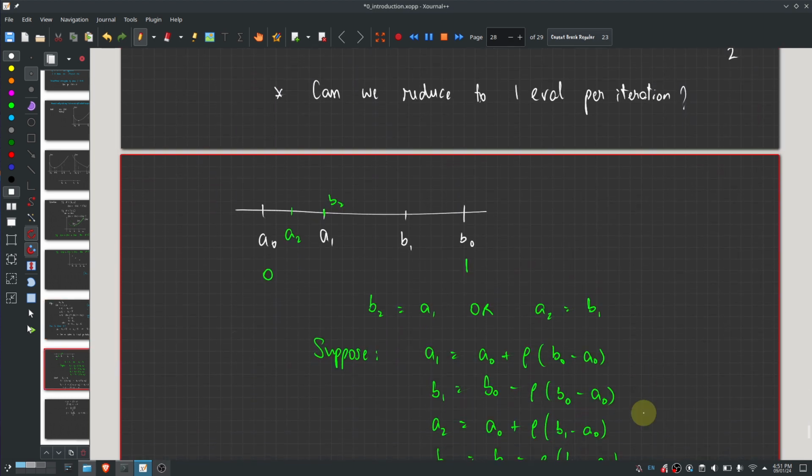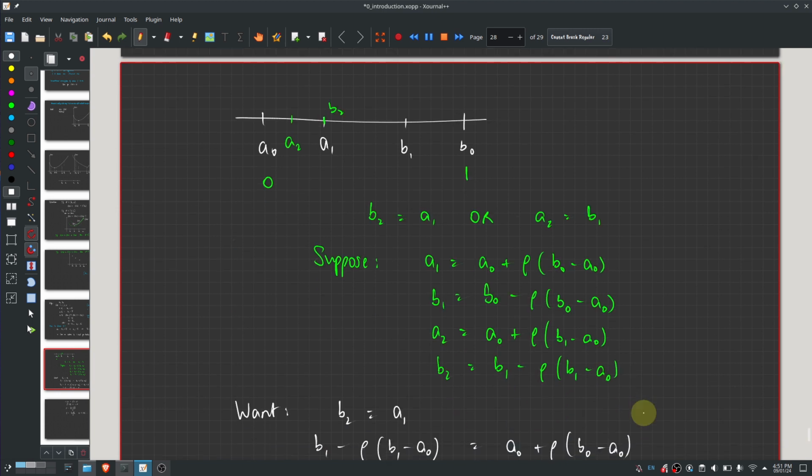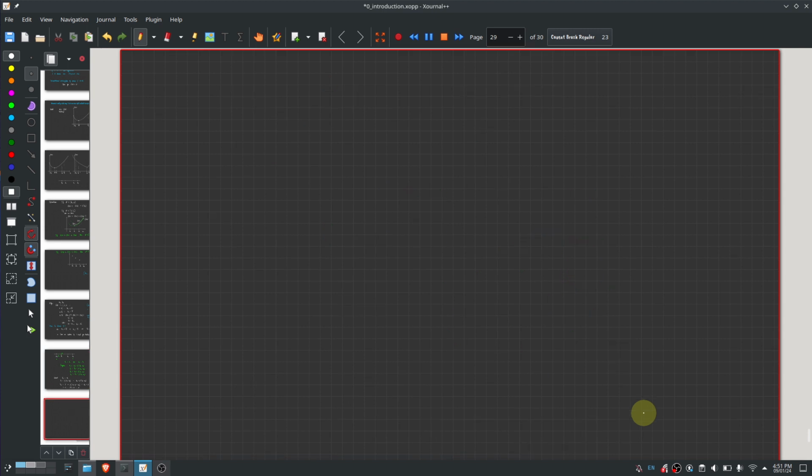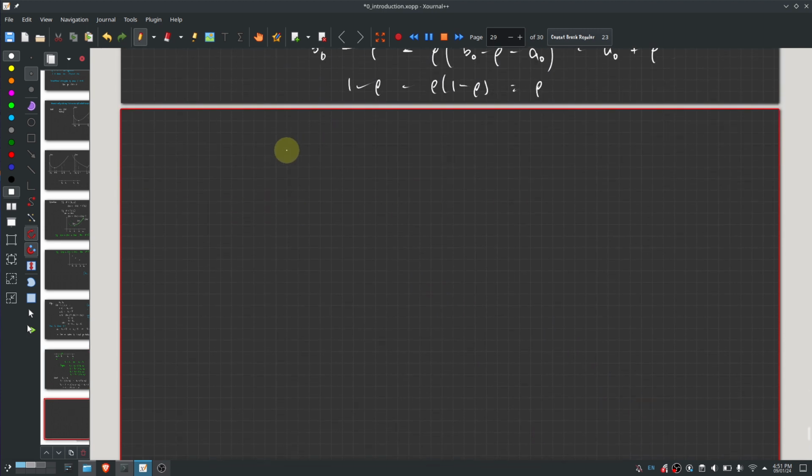Now, suppose I use this particular approach. I have A0, B0, and I have this A1 and B1. Initially, of course, I need to evaluate at all these 4 points. Suppose I do this, and the minimum lies somewhere in the interval from A0 to B1.